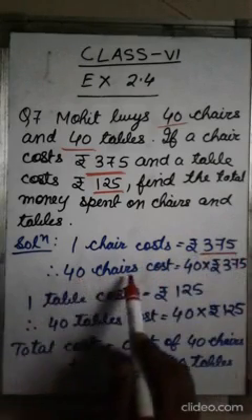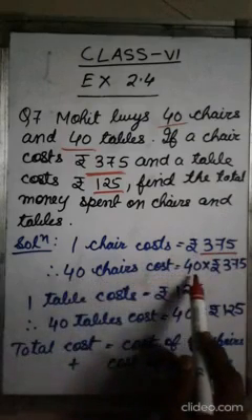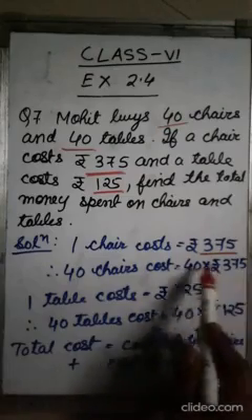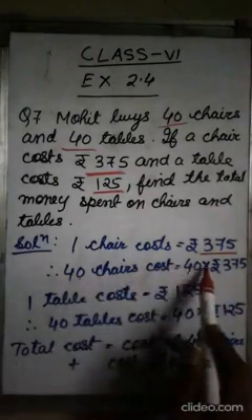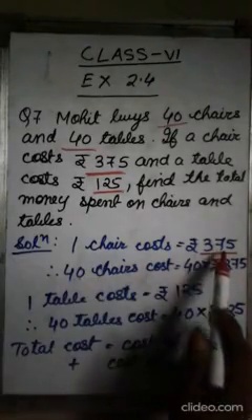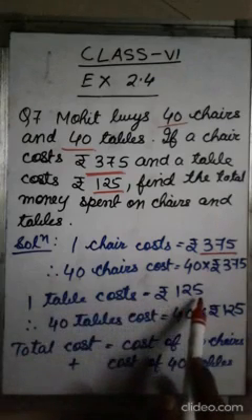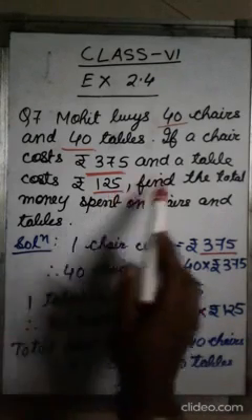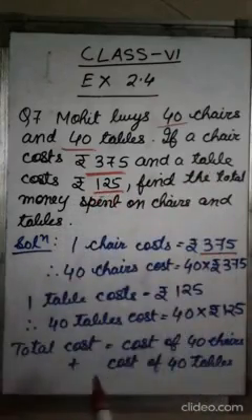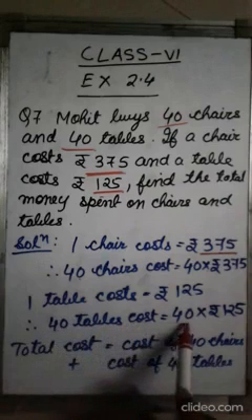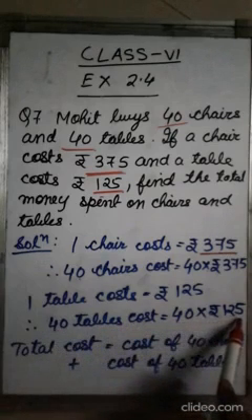For the solution, one chair costs rupees 375. Therefore, 40 chairs cost 40 into rupees 375. One table costs rupees 125. Therefore, 40 tables cost 40 into rupees 125.